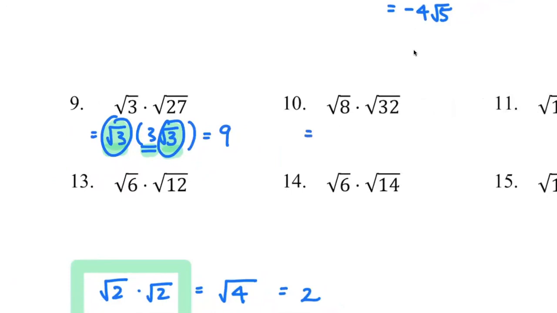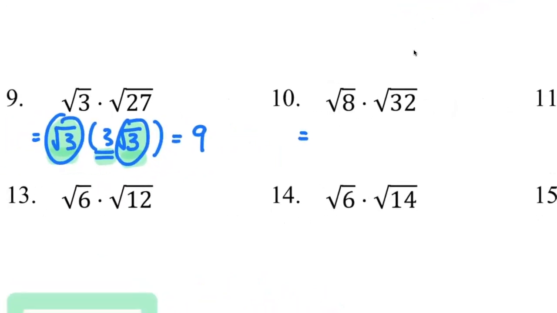What about number 10? We can simplify both numbers here. Square root of 8, if you pay attention to the work that we have done earlier, becomes 2 root 2, because 8 is 4 times 2. And then 32 is 16 times 2, so that becomes 4 times root 2.